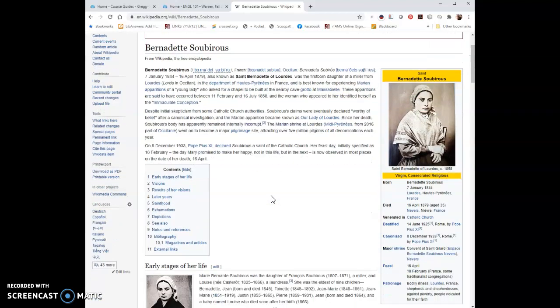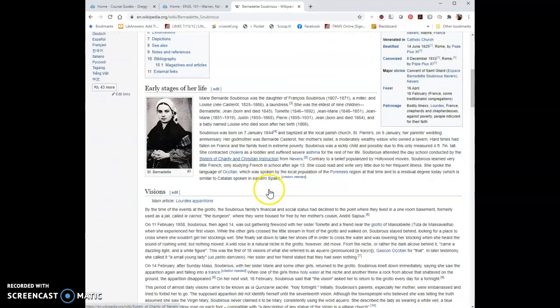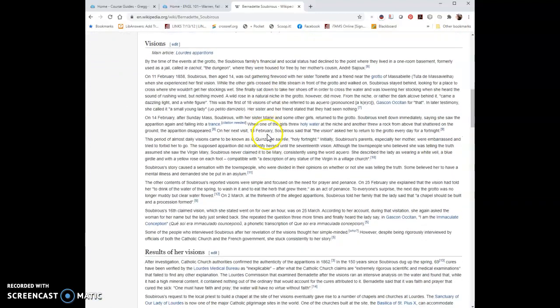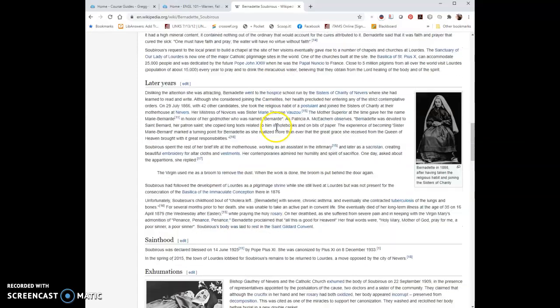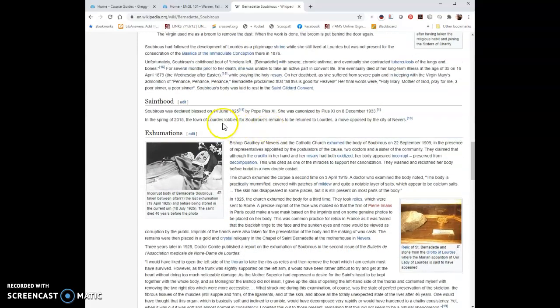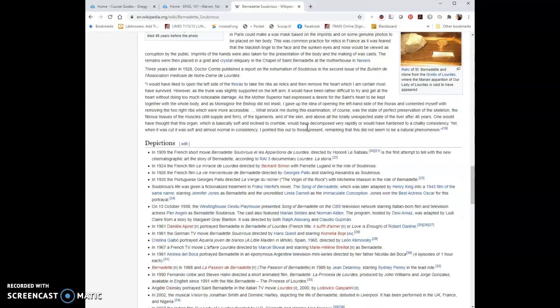But as we read through, we find out all this other background information: why she was a person of note in the time period, having visions of the Virgin Mary, the results of her visions, her later years, and then her ascending into sainthood, or being declared a saint.